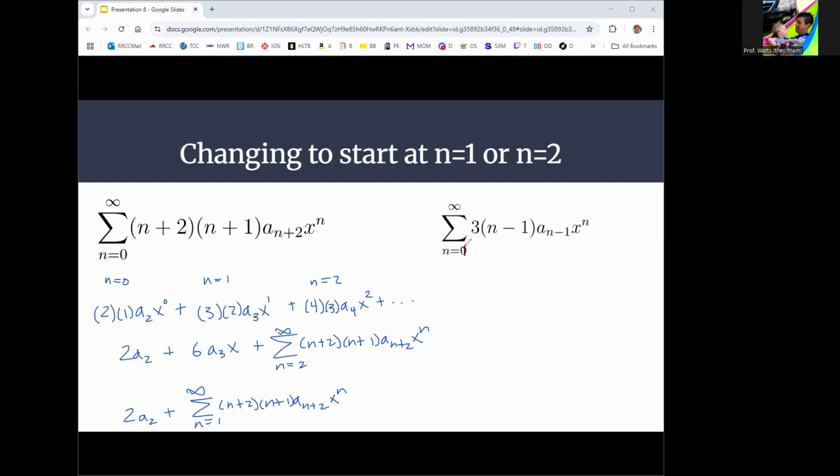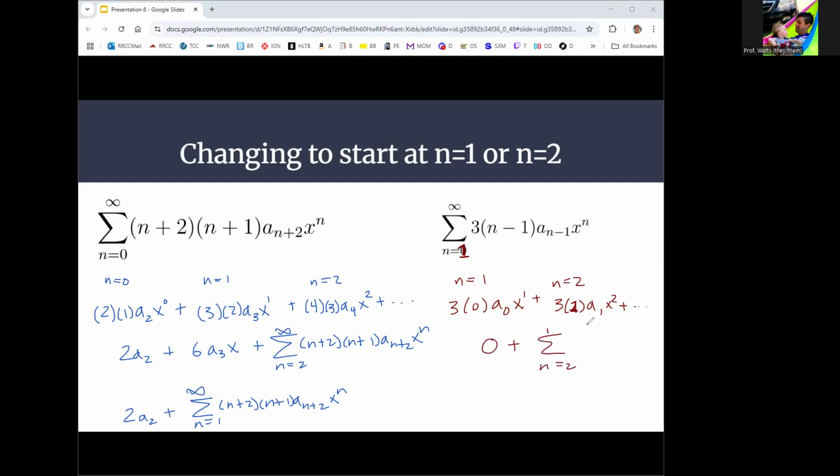It should say 1 there. So we'll start when n equals 1: 3 times 0 times a0 x to the 1. And then when n equals 2, it's 3 times 1 a1 x squared. So in this case, the n equals 1 term is just 0.